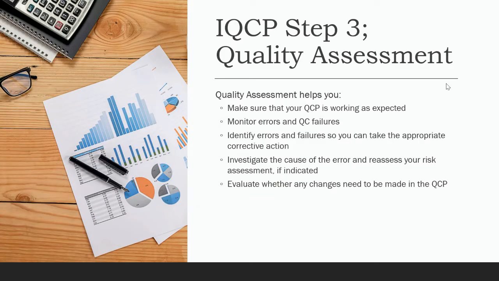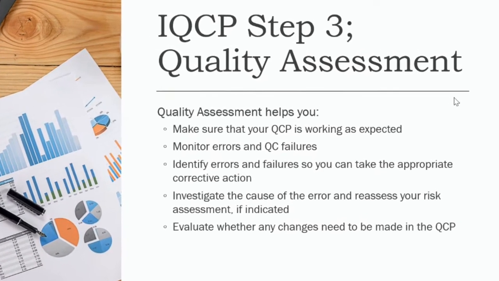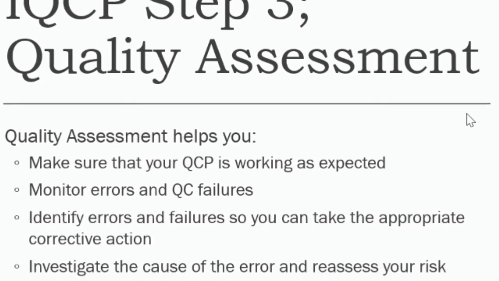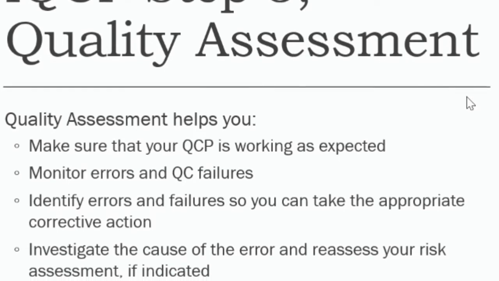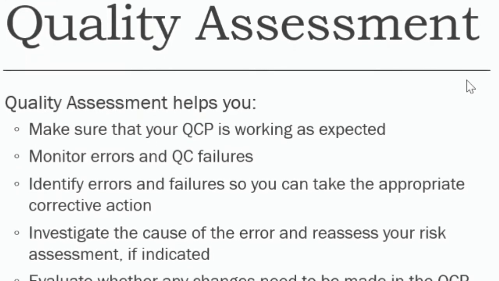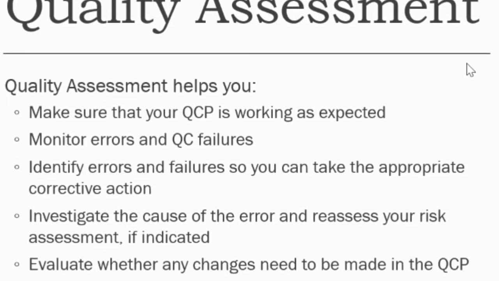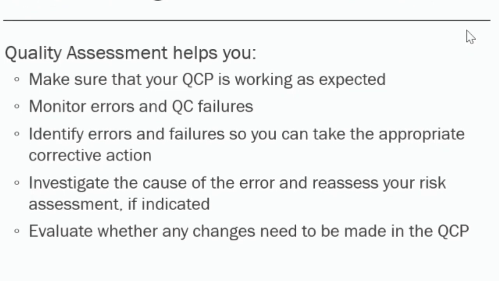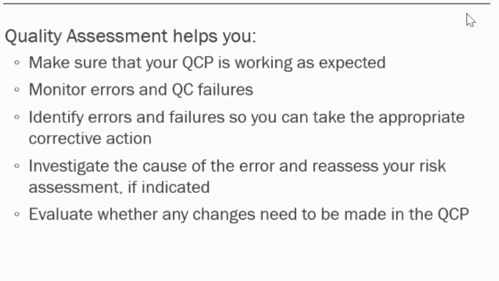Quality assessment helps you make sure that your QC plan is working as expected, monitor errors and QC failures, identify errors and failures so you can take the appropriate corrective action, investigate the cause of the error and reassess your risk assessment, if indicated, and evaluate whether any changes need to be made in the QC plan.